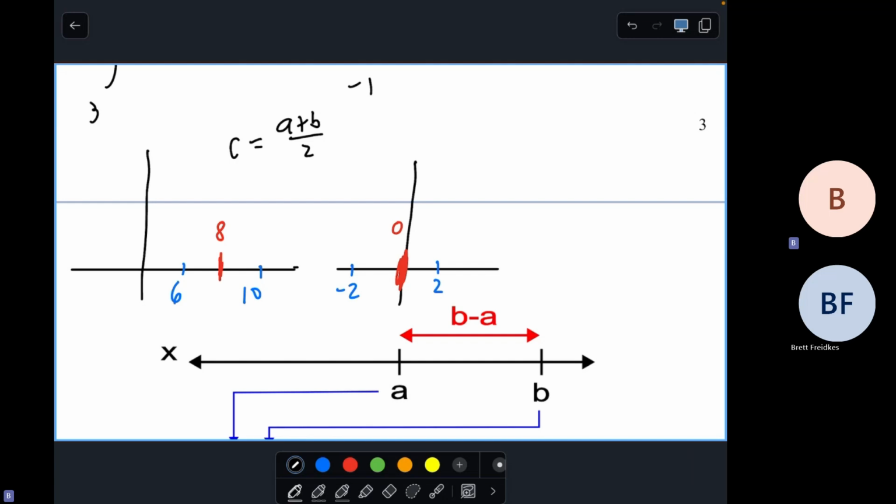So the next thing we have to do is take this width, which is currently 4. We now need to make that 2, -1 to 1. So what we're going to do is try to find some value. Rather, I want this width, b minus a, if I divide that by some factor, to be 2, right?